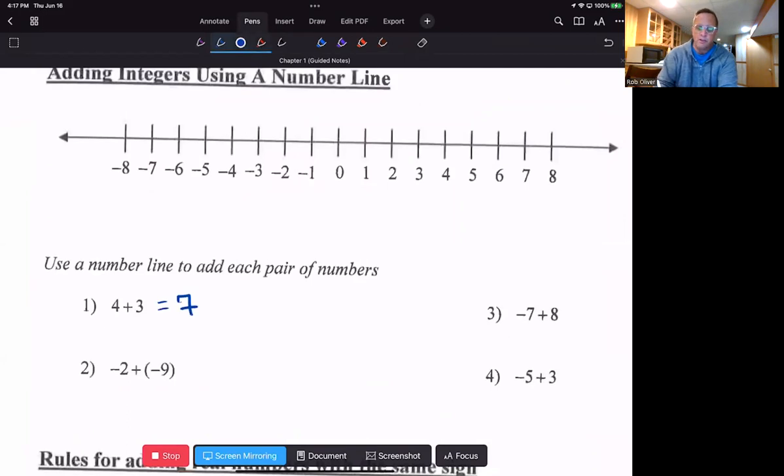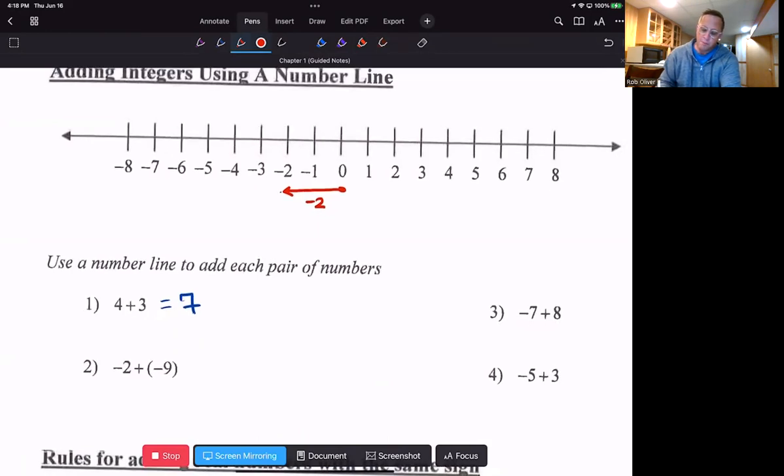If we start at 0, we go left 2, because anything negative on the number line means we're going into the negative territory, meaning left. We're going the opposite way of the positive numbers. And then we're going to go -9. So -9 would be 1, 2, 3, 4, 5, 6.